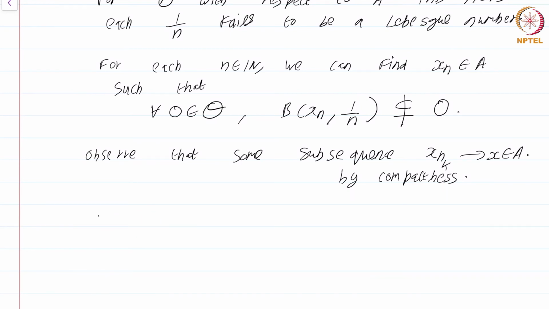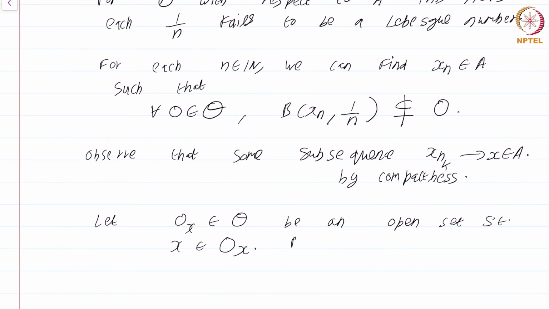Let OX in O be an open set such that X is in OX. Why is there such an open set in the collection? Oh, simply because this is an open cover of A. So every element of A has to be present in at least one element of the cover script O. Okay. So I'm just picking an open set OX such that X is in OX.